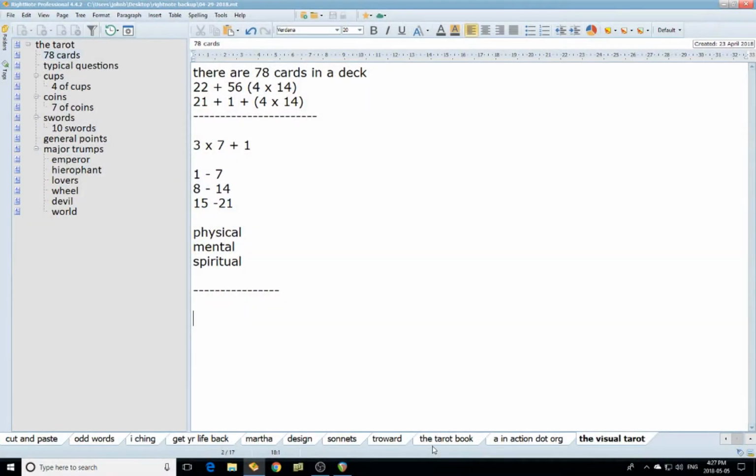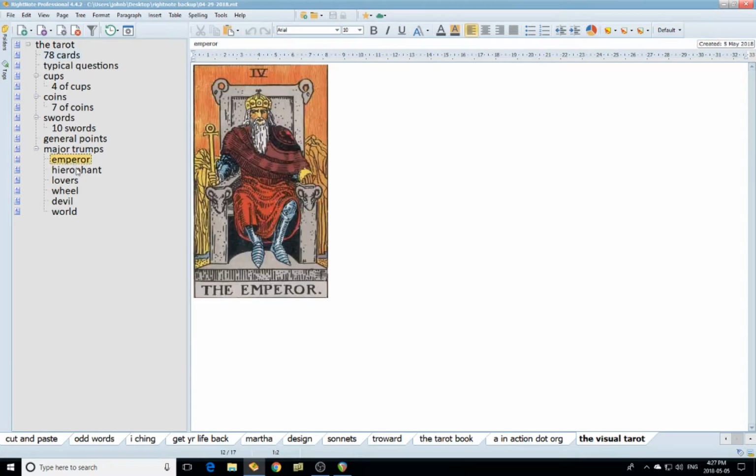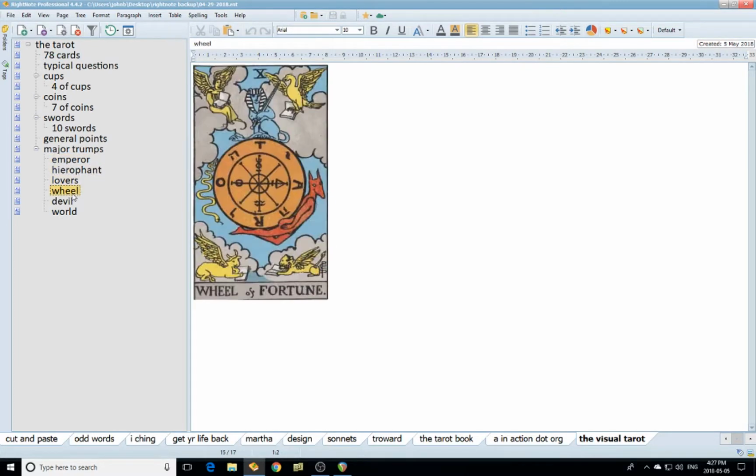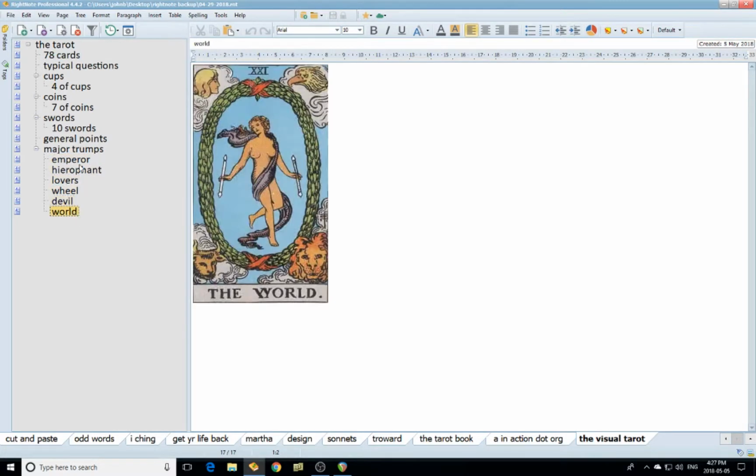Okay, this is now the Visual Tarot part 3. And in this video, what I want to do is look a bit more at some numbers. This is slightly different from before because I added illustrations for these 1, 2, 3, 4, 5, 6 cards.